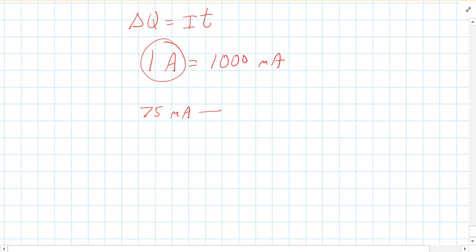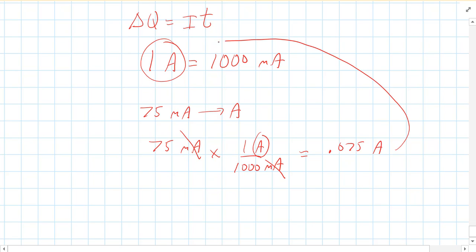You would need to know how many amps that is. You convert that by doing 75 milliamps times 1 amp over 1,000 milliamps. Cancel the milliamps out and now you have amps. This would be 0.075 amps, and that is what you would use for your current in this equation. You have to make sure your current is always in amps.